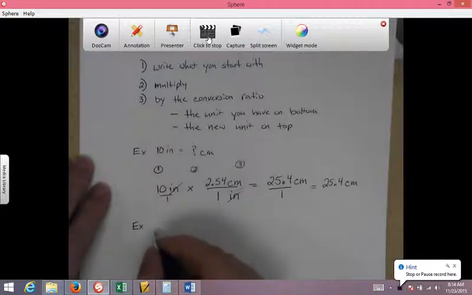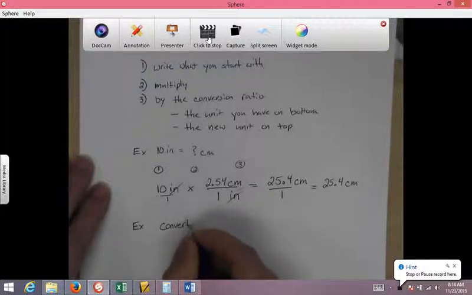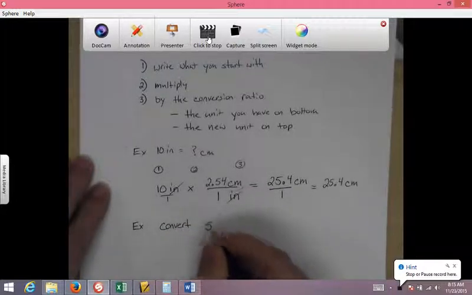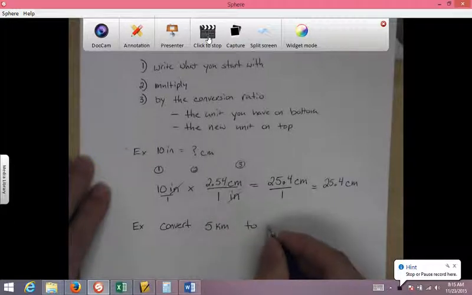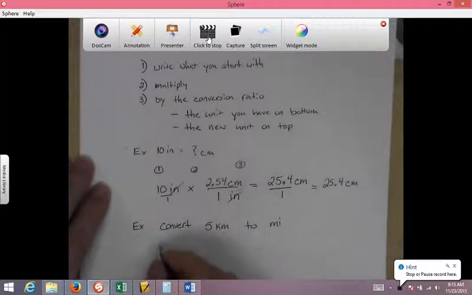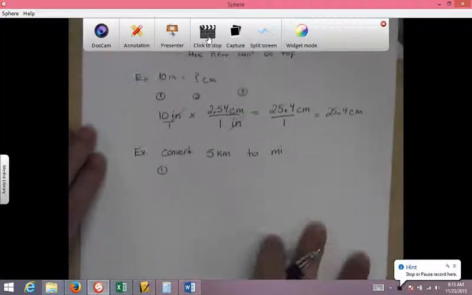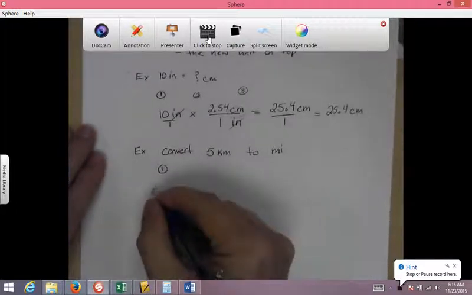Let's convert 5 kilometers, km, to miles. So, step 1, we write down what we start with, and we're starting with 5 kilometers.